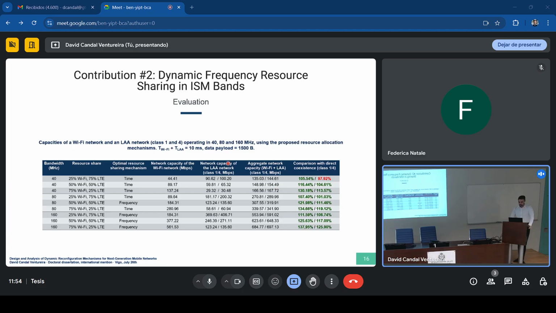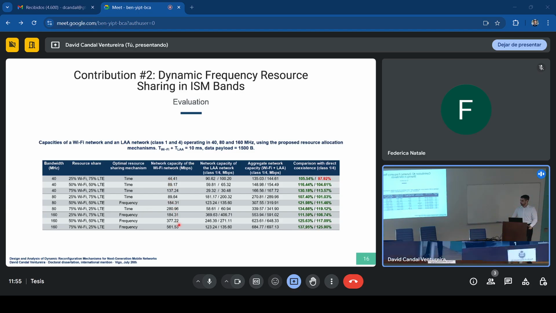This table shows the performance of Wi-Fi and LTE-LAA networks when using our solution for different bandwidths and resource shares. This column shows which of the sharing approaches we propose yields better performance in terms of aggregated network capacity, that is, the sum of the network capacity of Wi-Fi and the network capacity of LTE.